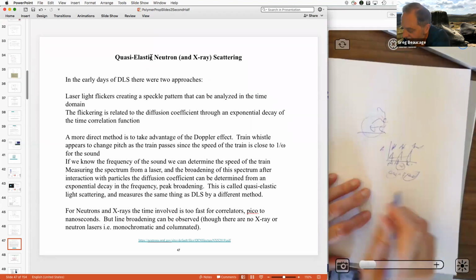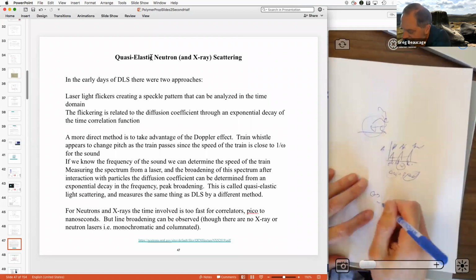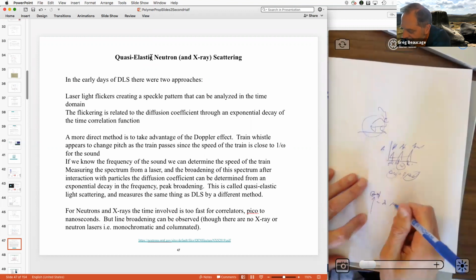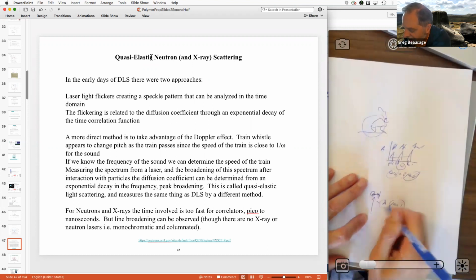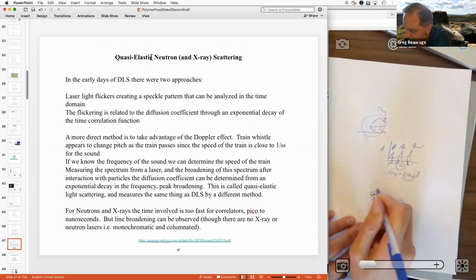The same goes with these particles. The distance a particle travels as you look at it in the beam is about a micron, so it's similar to the wavelength of light. As these particles fly by, there's a shift in the wavelength of light since they're moving in both directions.